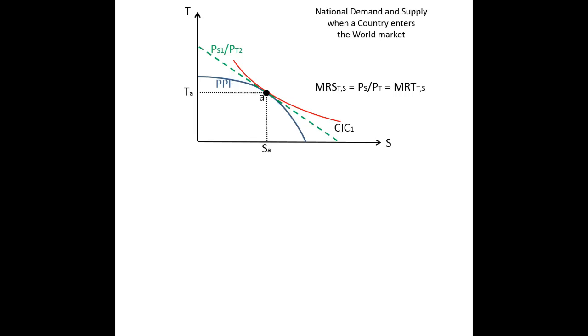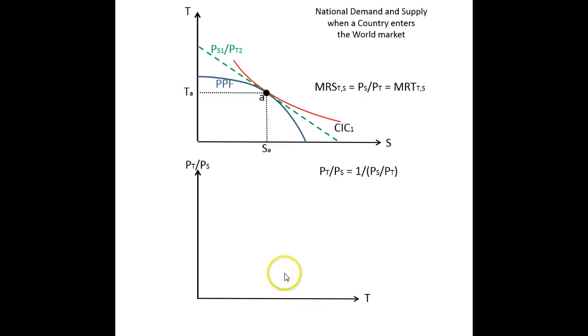So we're going to consume the bundle SA and TA. If we're interested in the good T, we see that if we draw a new graph beneath the first one, with this relative price PS1 divided by PT2, we're going to consume TA units of textiles. To draw that on the vertical axis on the T graph, we have to recalculate this to the inverted version.